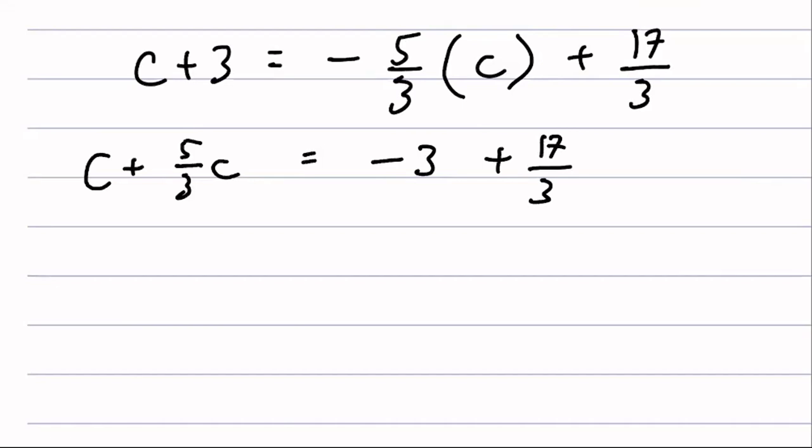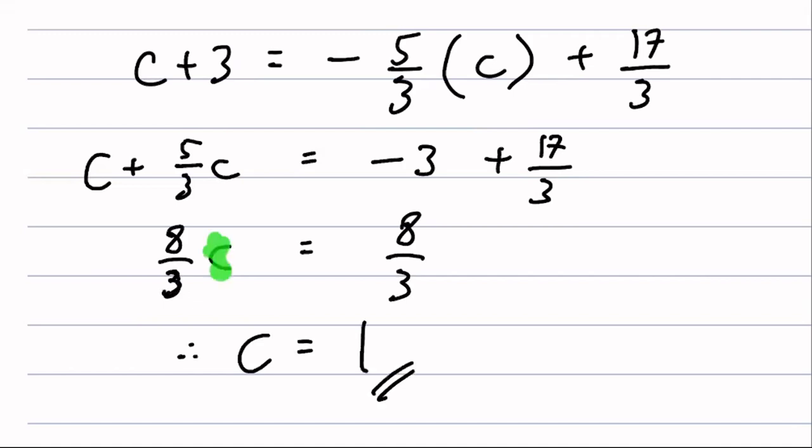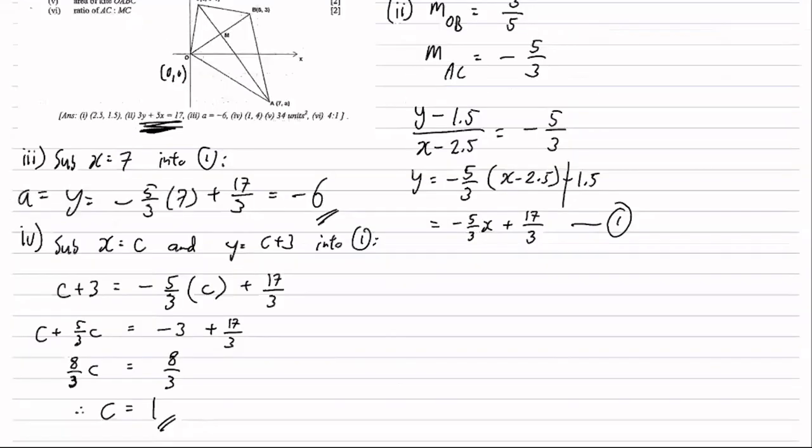1 plus 5/3 is what? 8/3. C equals minus 3 plus 17/3, you get 8/3. So C times 8/3 equals 8/3, so C equals to 1.